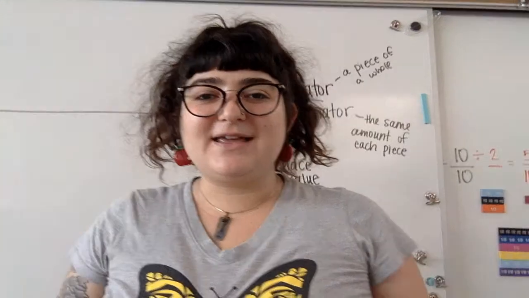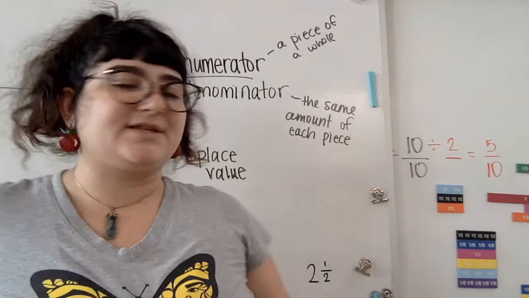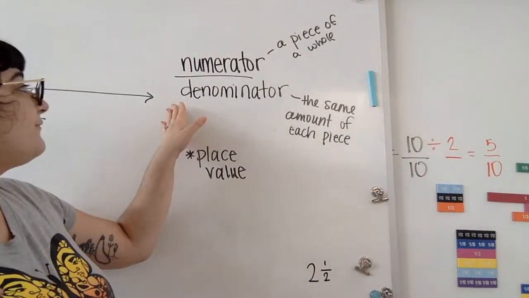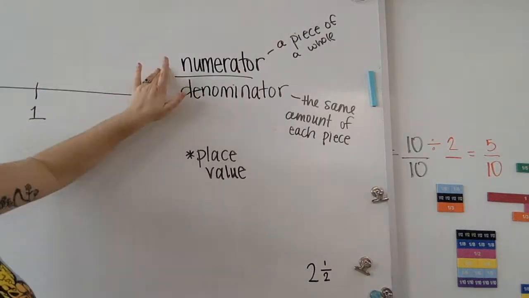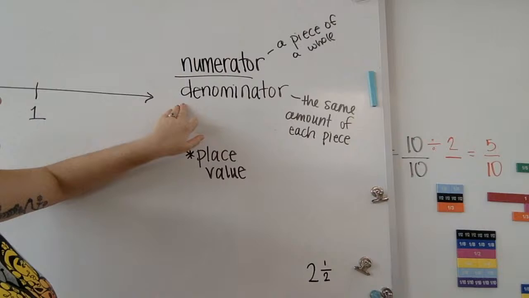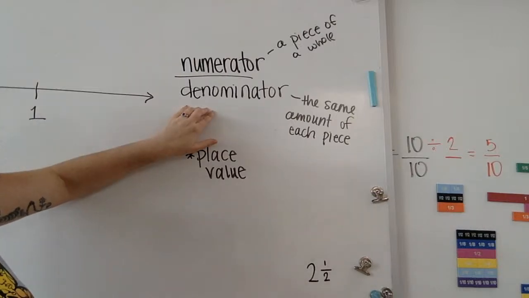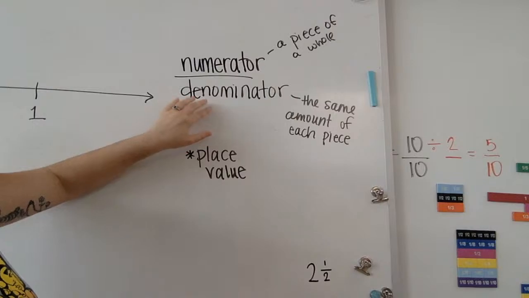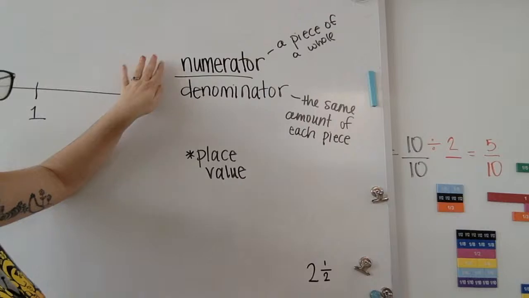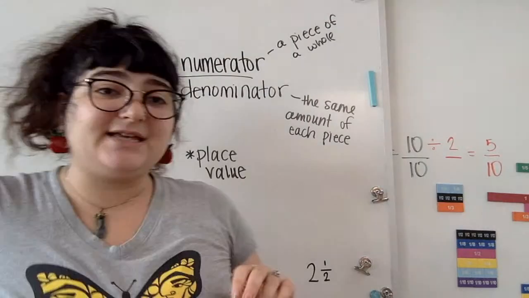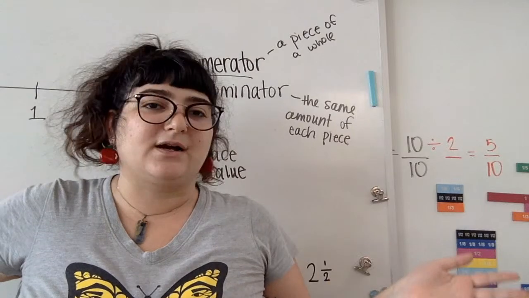So here I have just a few things for us to remind ourselves about. Well, a fraction consists of a numerator, which is a piece of a whole, and a denominator, which is the same amount of each piece. And really, to do adding and subtracting with fractions, we have to have a deep understanding of place value and how things progress and get bigger or smaller.